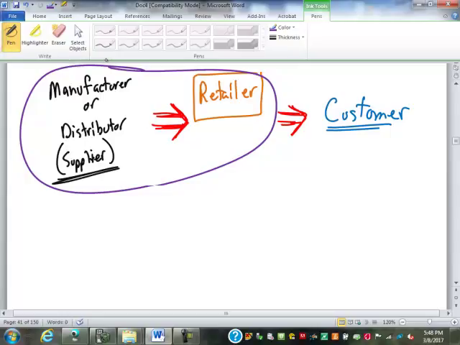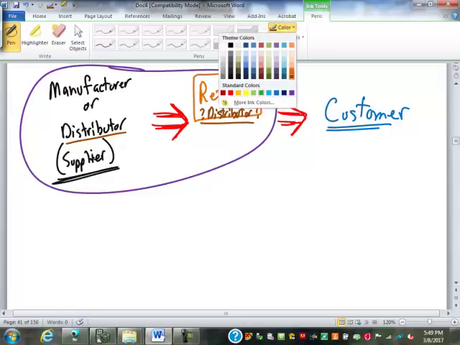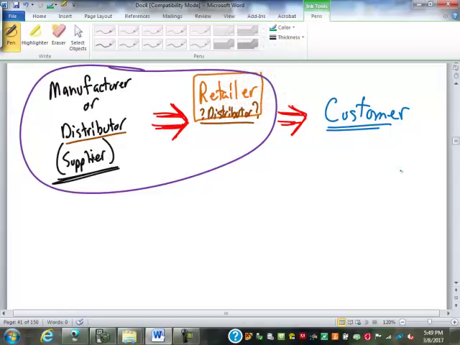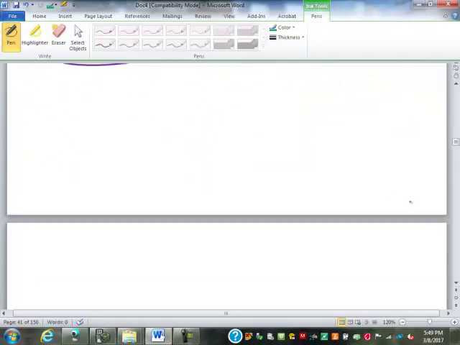Now, some retailers are also distributors. The difference is this distributor here never has direct contact with the customer. There's always some other business between them and a customer. So anyway, the manufacturer to a retailer, supplier to a retailer. First thing we're going to look at is something called a trade discount.